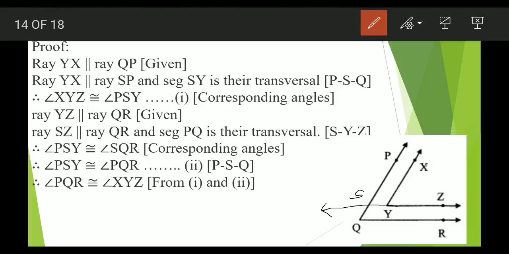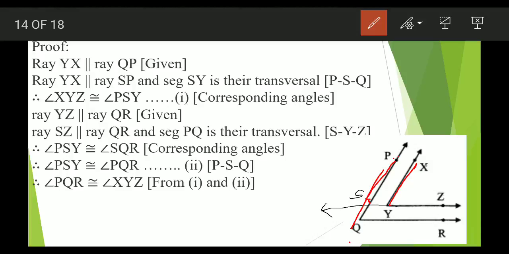Ray YX is parallel to ray QP, so ray YX is parallel to SP. PQ can be written as PS also, because P, S, Q, these three points are collinear.